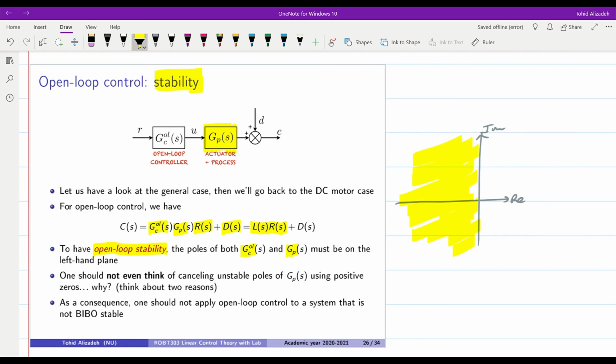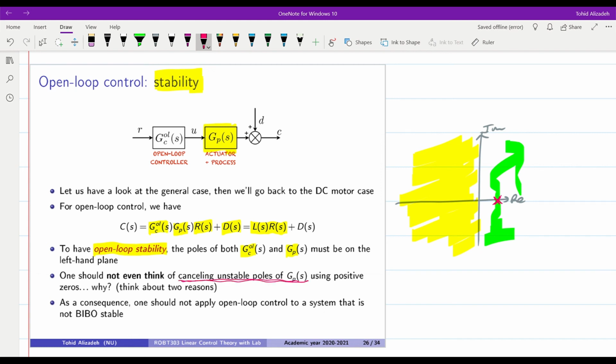So if GP originally has poles on the other side, on the right side, anywhere here, let's say over here, by no means can we make the overall system stable by the introduction of the open loop controller. And you shouldn't think about canceling the unstable poles of GP either.